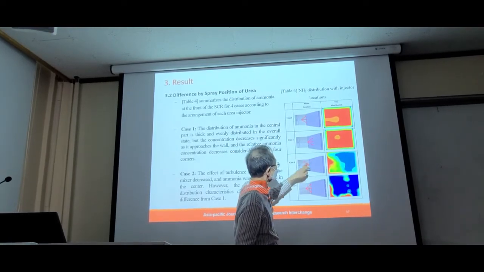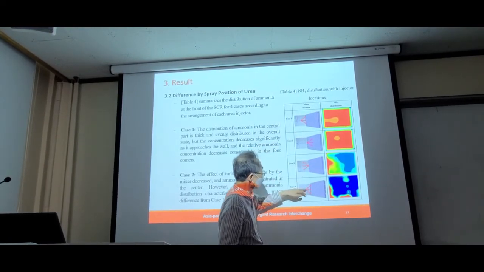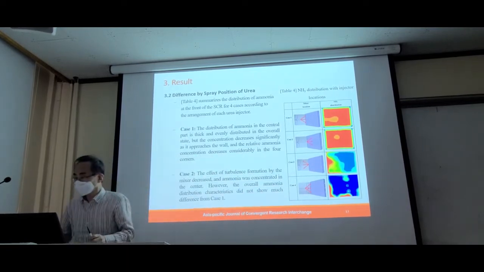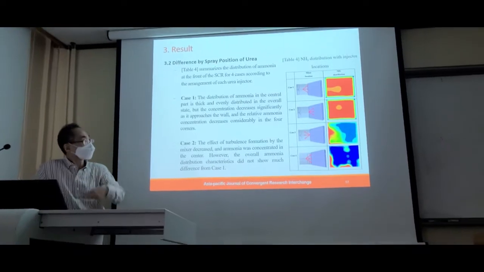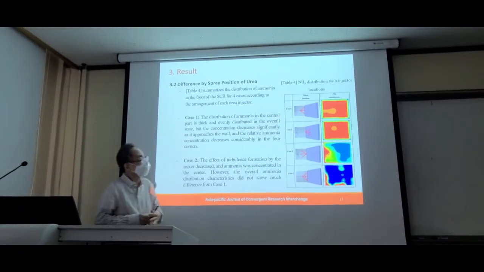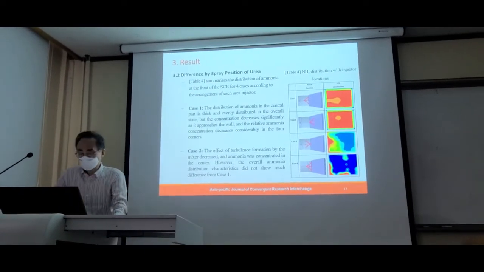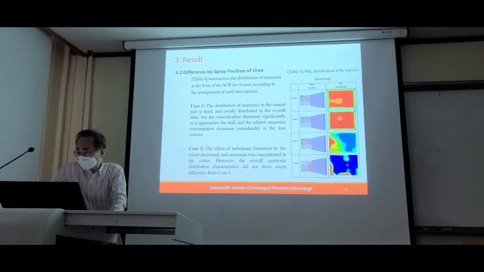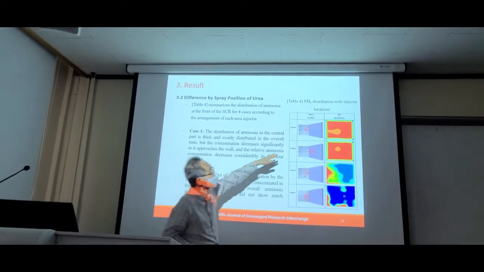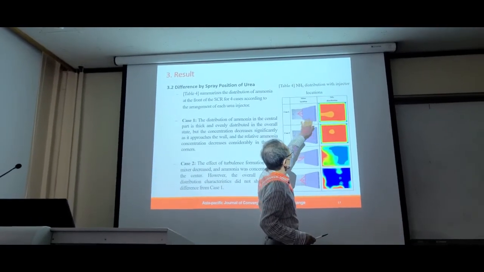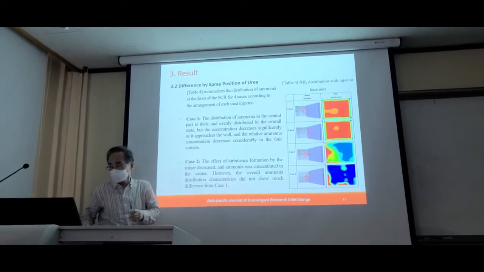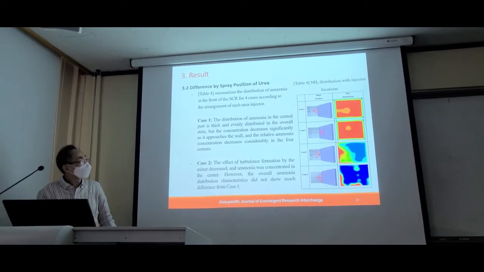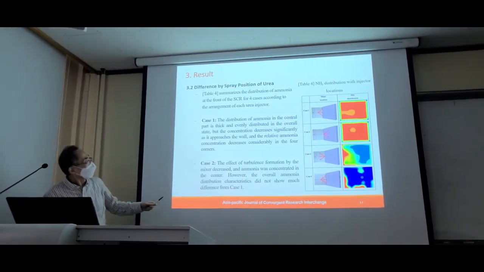Another one here, injector here, and the other side. We have 4 different locations designated and applied in this system. Because this is possible, we can use the shear free energy. So look at this ammonia distribution like this. Which is the best one?